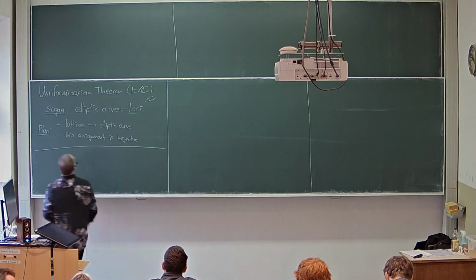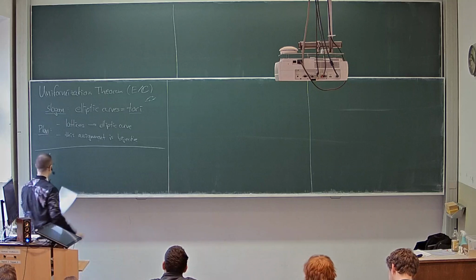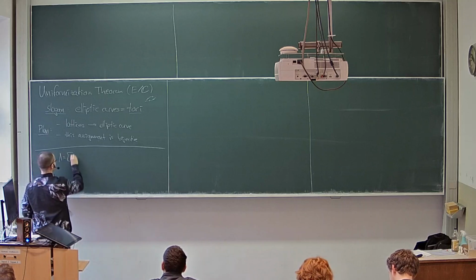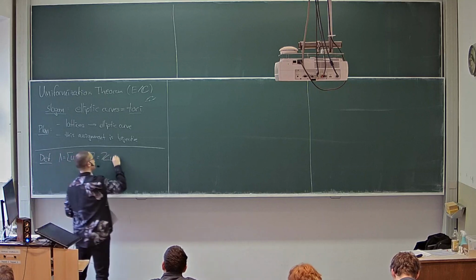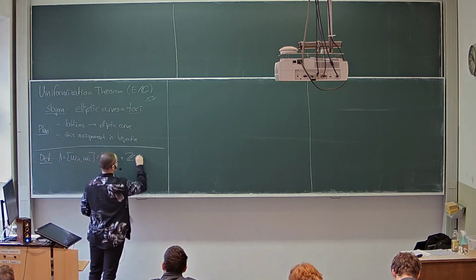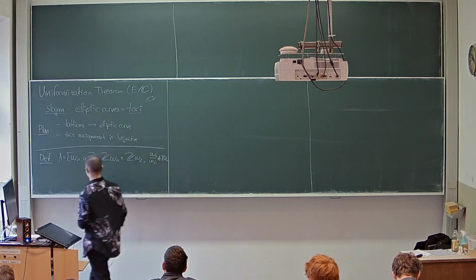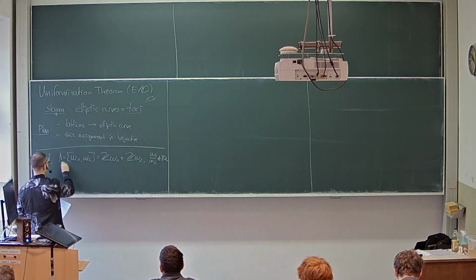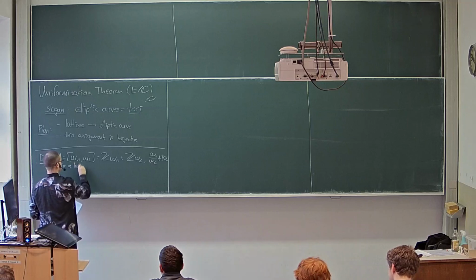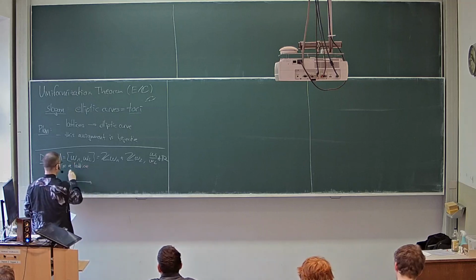Okay. Let's start. The first definition should be that of a lattice, to fix some notation. A lattice, I sometimes write like this, is just the Z-span of two complex numbers not lying on the same line. So this is the complex plane.